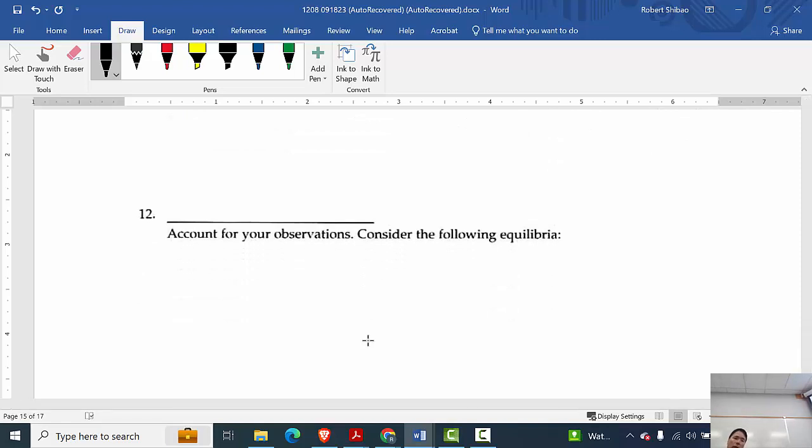What did you have for that? Well, you should have gotten the white precipitate here. The white precipitate is going to come about because we're looking at this equilibrium, the silver ions plus the 2 ammonias.